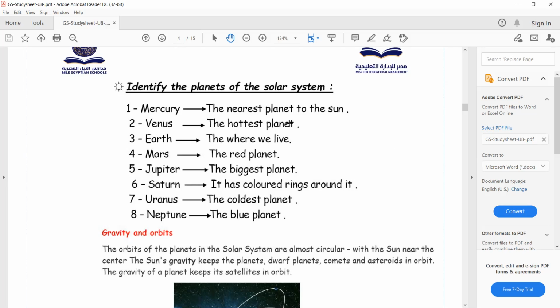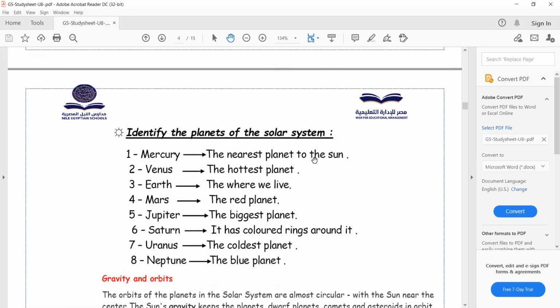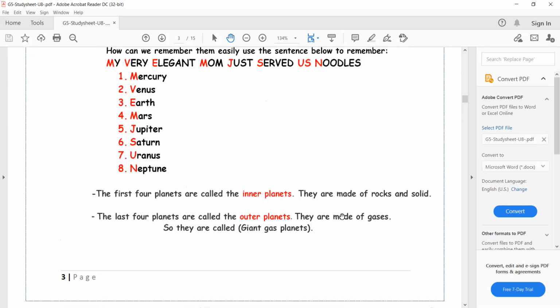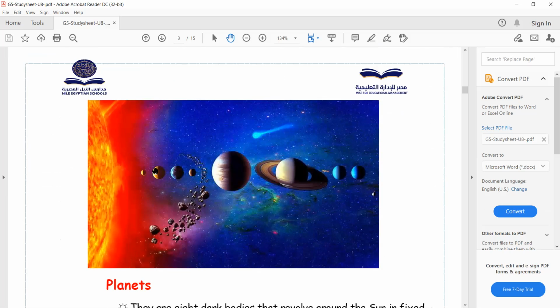it is the hottest planet in the solar system. Venus is the hottest planet, but it's not Mercury. Mercury is the closest planet to the sun, but it's not the hottest planet. It's the second hottest planet in the solar system. But Venus is the hottest planet, although it's the second planet.